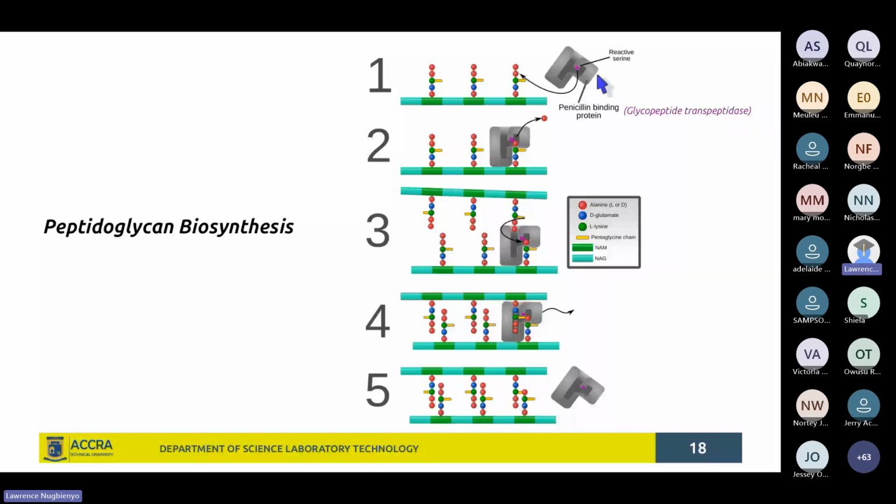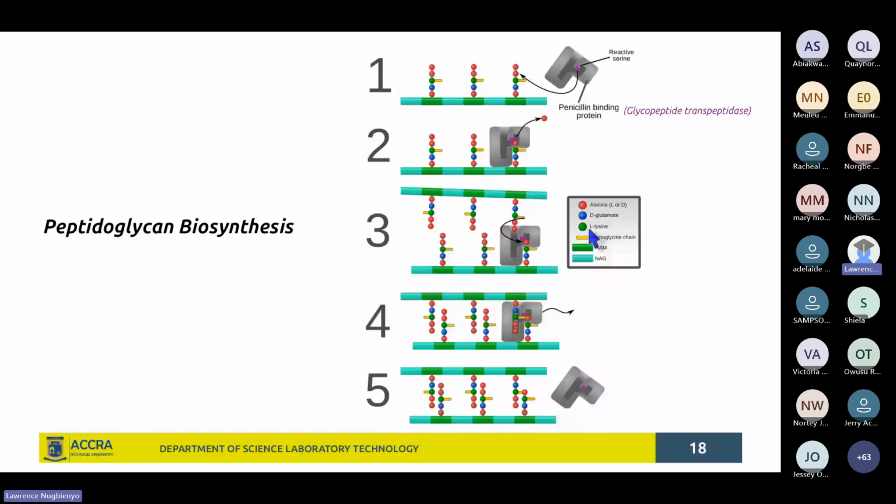Now, what happens in this process of peptidoglycan biosynthesis? Here again, we have some keys. The red spheres represent alanine. The blue spheres represent glutamic acid, and the green spheres represent lysine.